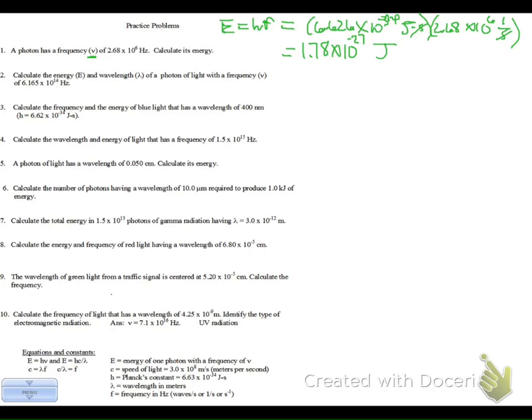All right, and then problem number 2, calculate the energy and the wavelength of a photon of light with a frequency of 6.165 times 10 to the 14th hertz. So again, energy is going to equal Planck's constant, 6.626 times 10 to the minus 34. And we plug in 6.165 times 10 to the 14th.